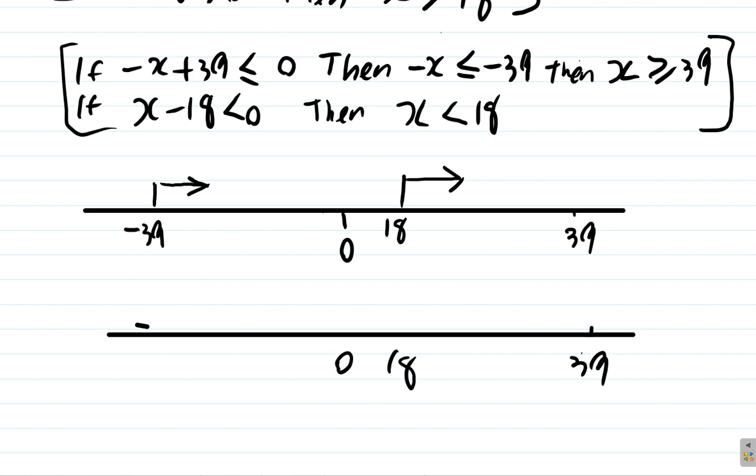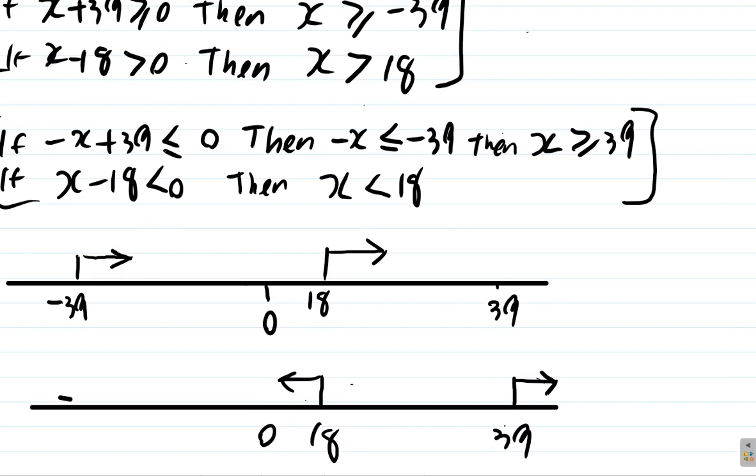We're saying that x is greater than 39 and at the same time x is less than 18. That can't be. You cannot have numbers that are less than 18 and at the same time greater than 39. So this one definitely cannot work.